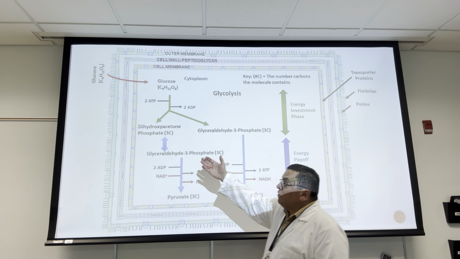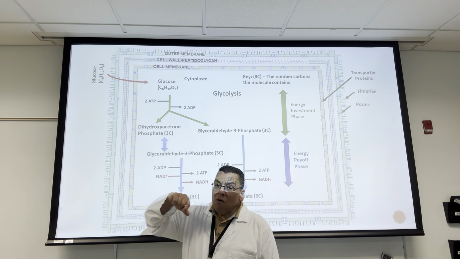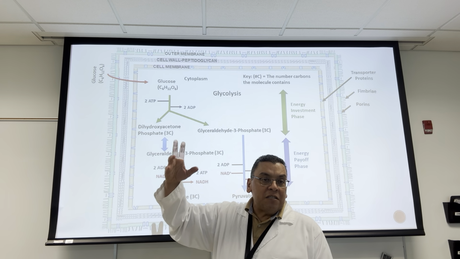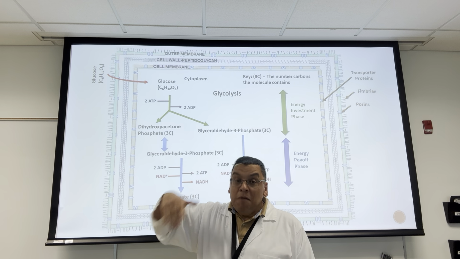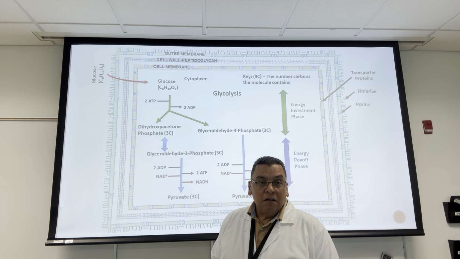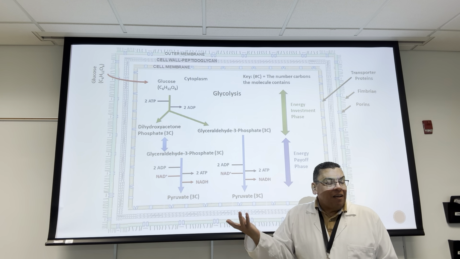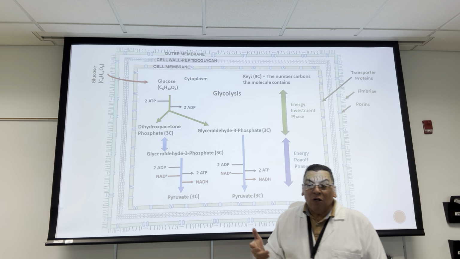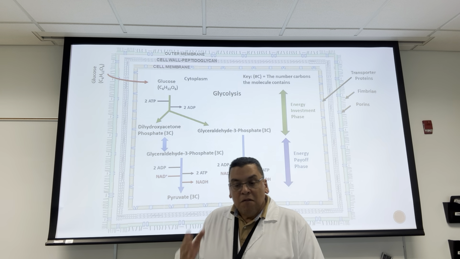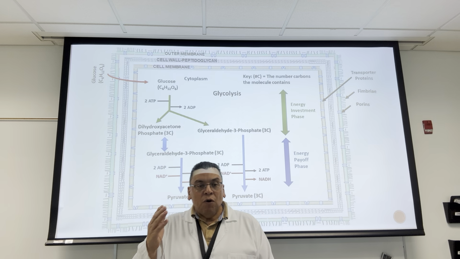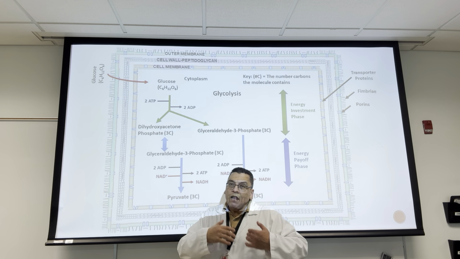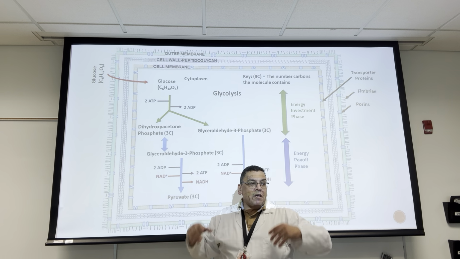From dihydroxyacetone and pyruvate and acetyl-CoA, which we're going to talk about, I can make sugar instead of breaking it down. You don't need to know this, but it's called gluconeogenesis, the making of new sugars. It's another set of pathways.